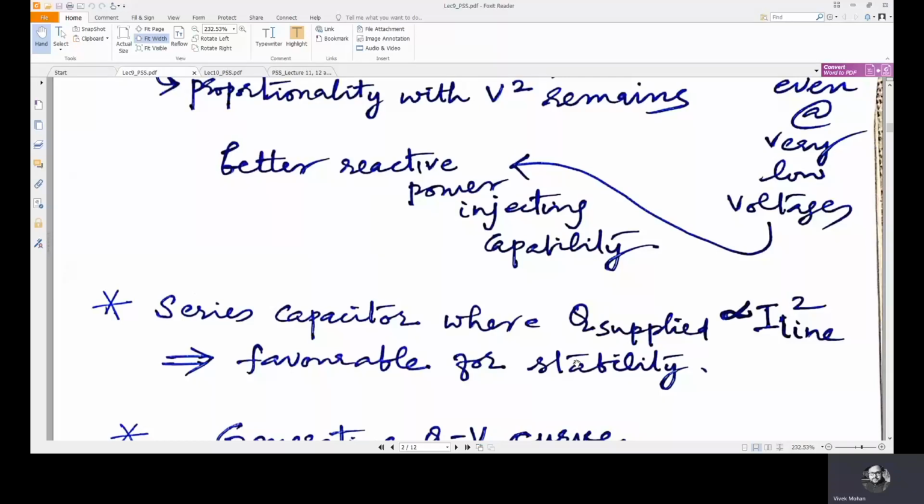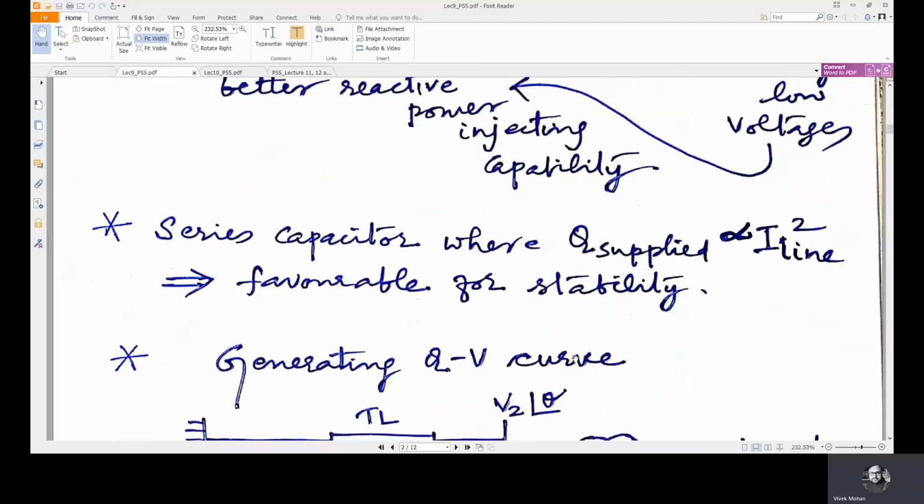Of course, when the load increases, the current transferred from the sending end to the receiving end increases, and more Q must be supplied because the I squared X loss will increase. So more reactive power must be supplied to the system. This automatically happens, and the proliferation of the voltage drop issue is not there with the series capacitor.